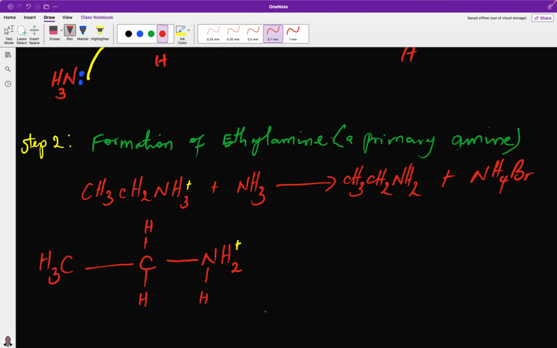Now the nucleophile again, excess ammonia, comes in here with its lone pair of electrons on the nitrogen as usual. And what happens?